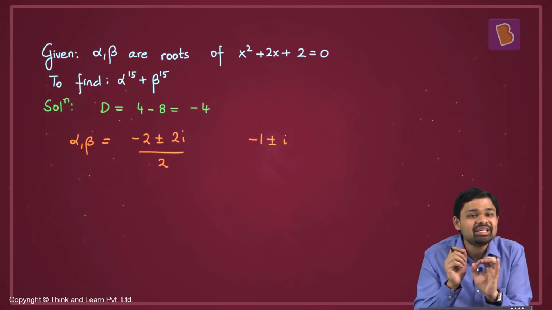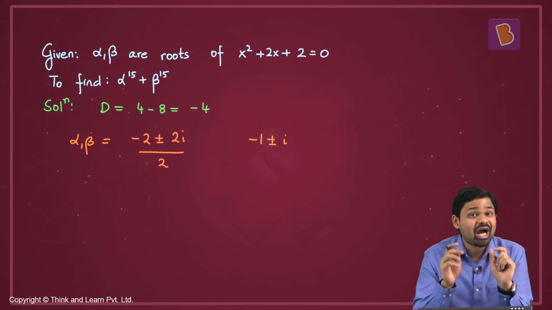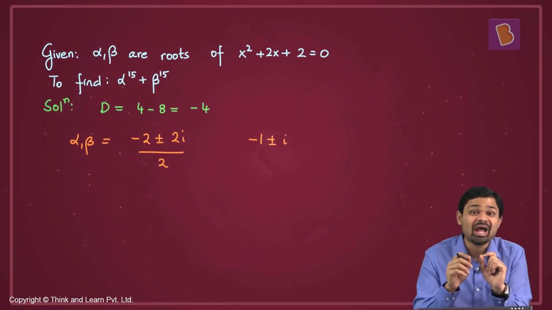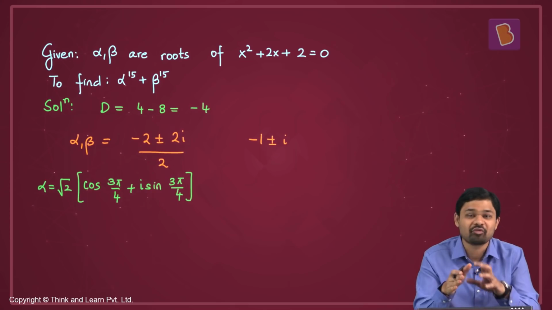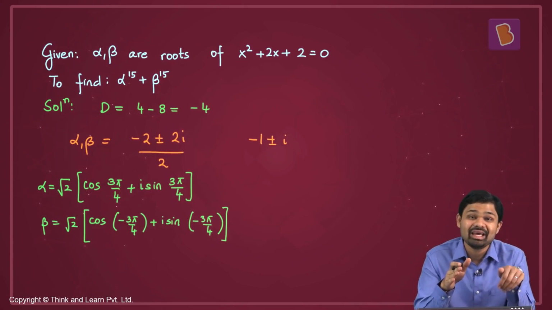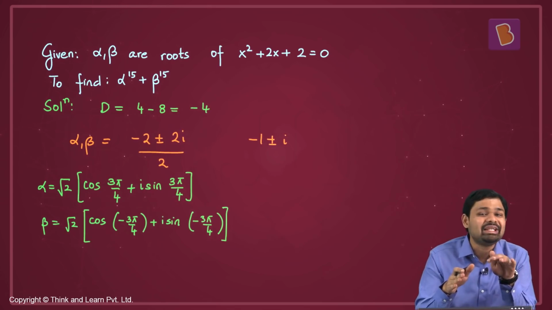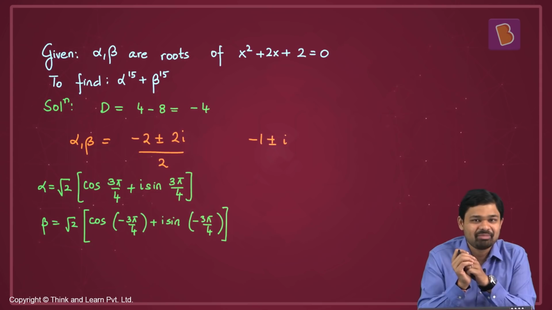It's minus of pi minus tan inverse of, again, 1 by 1, pi by 4. So the arguments are 3 pi by 4 and -3 pi by 4. So my alpha is √2 of cos 3 pi by 4 plus i sin 3 pi by 4, whereas my beta is √2 of cos of -3 pi by 4 plus i sin of -3 pi by 4.